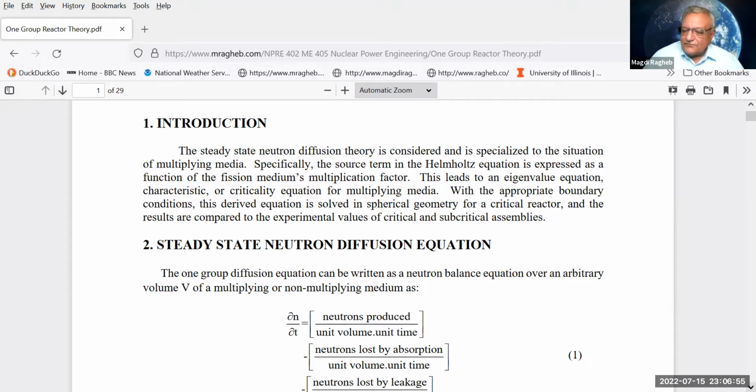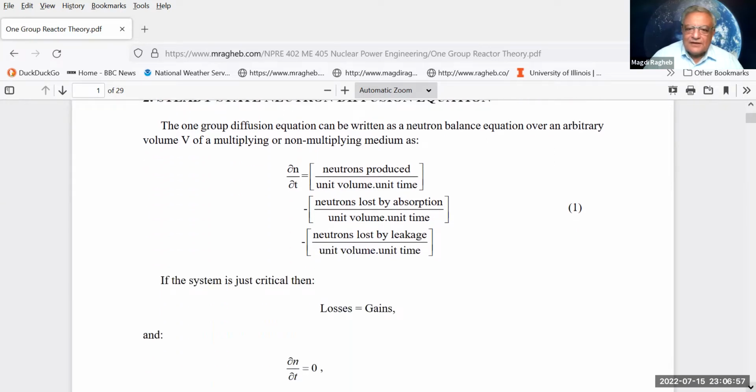So it will determine the spatial distribution of the fission process, hence how the power production is occurring. Again, I remind you of the Helmholtz equation. We got it by a simple balance of the neutrons: the partial derivative of n with respect to t is equal to the neutrons produced by the fission process, minus the neutrons lost by absorption per unit volume per unit time, minus the leakage from the surface.